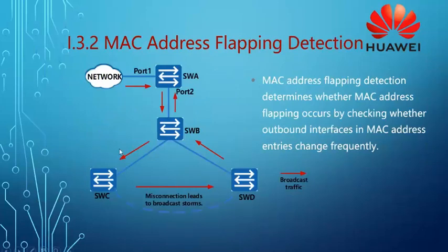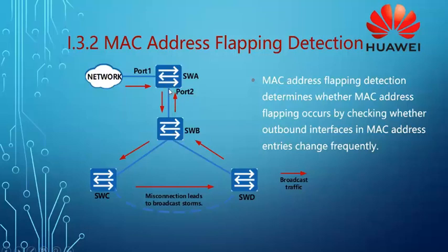In the MAC address flapping detection mechanism, for example in this topology, a misconnection leads to a broadcast storm. Every packet received on switch B and sent to switch C will be sent to switch D, and it will return to switch B, and switch B sends the same packet on the same port.